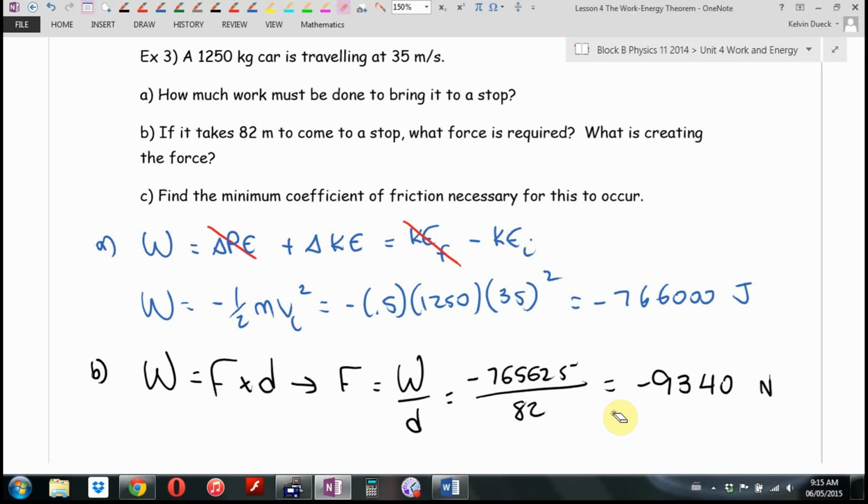What force is helping you stop? Now, I said brakes, but really, what's the force that brings a car to a stop? Friction. That's why it's so tough to stop on ice. So, Devin, what's part C you want me to find?